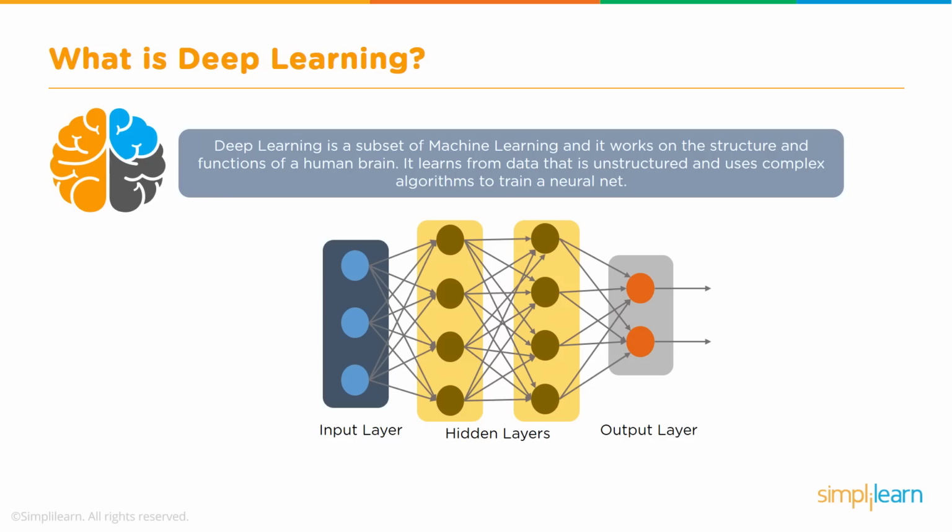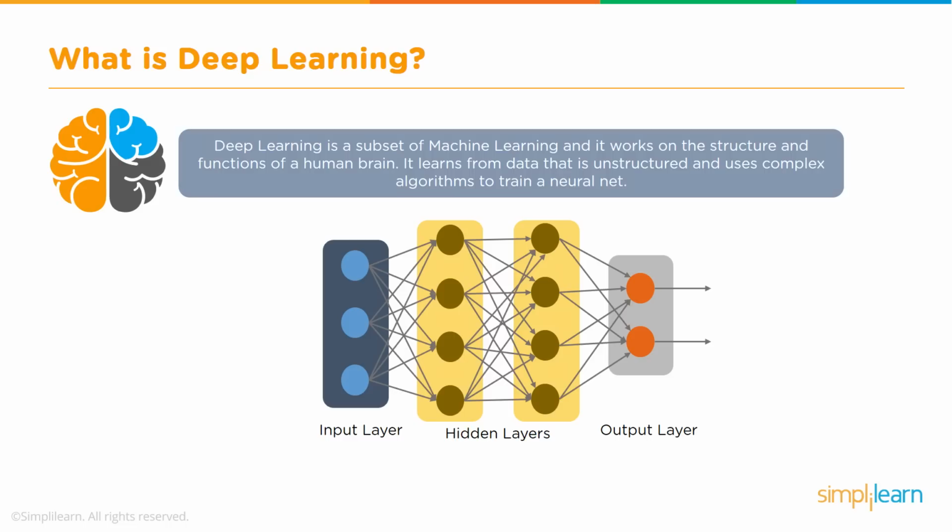So what is deep learning? Again, this video is not about deep learning, but there are other videos we have created in detail about it. In this video, we'll just touch upon the basics, so that's like a nice segue into TensorFlow. Deep learning is in a way a subset of machine learning, and we use primarily neural networks in deep learning, and the underlying technology behind artificial intelligence is deep learning.